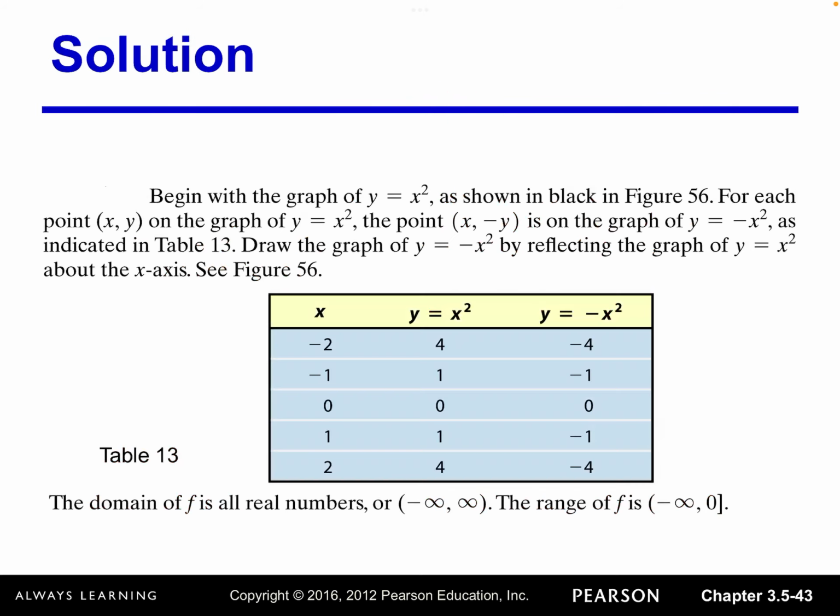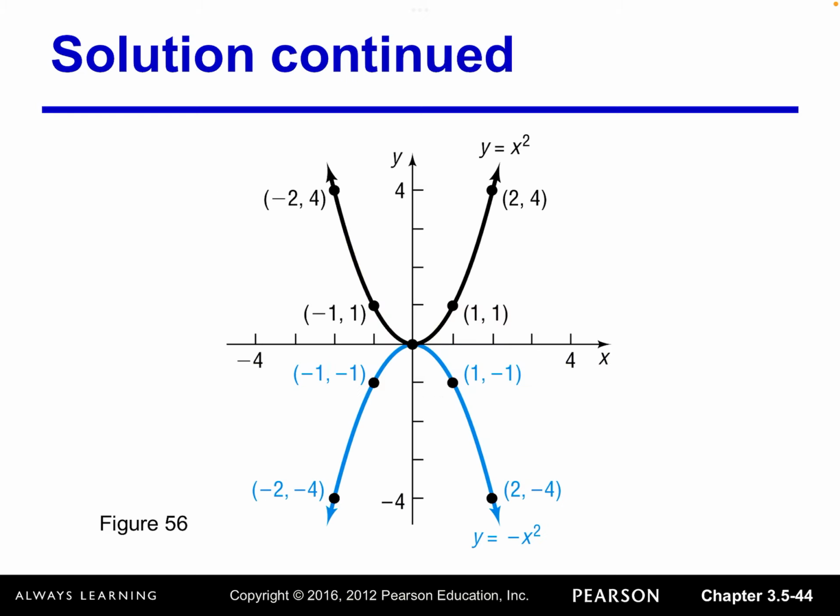And you can see that from the points: every x coordinate remains the same, and y is multiplied by -1, right? x remains the same, y times -1, and every point is like that. Okay, that's the better graph. Reflection about the x-axis: y times -1.